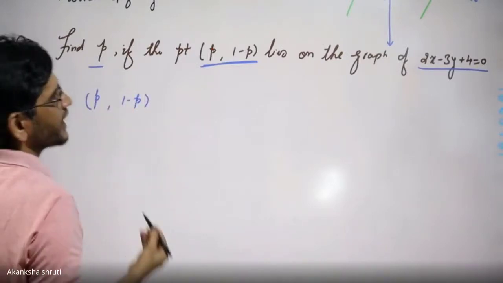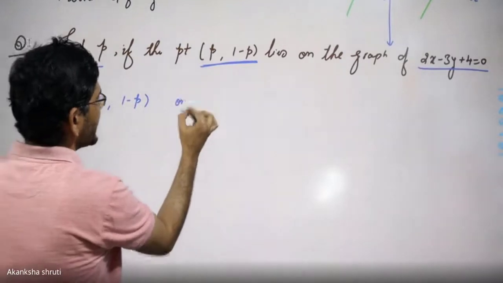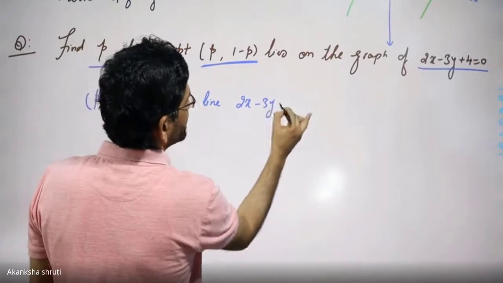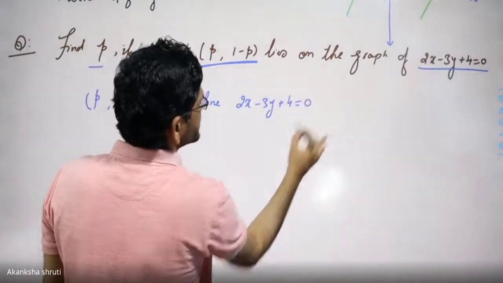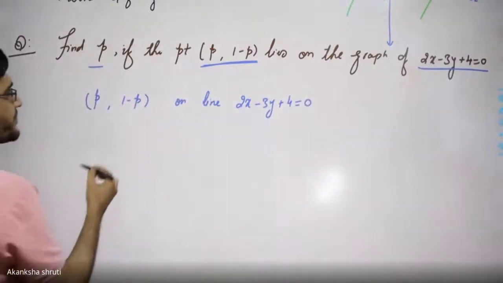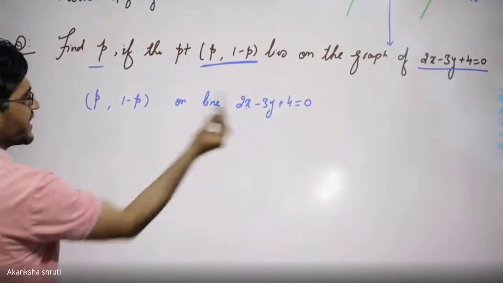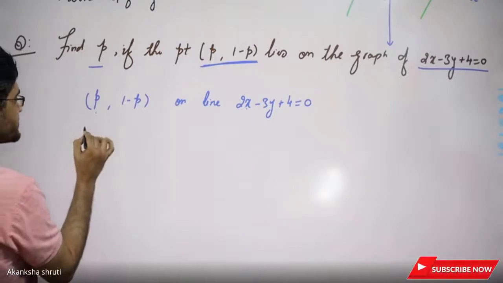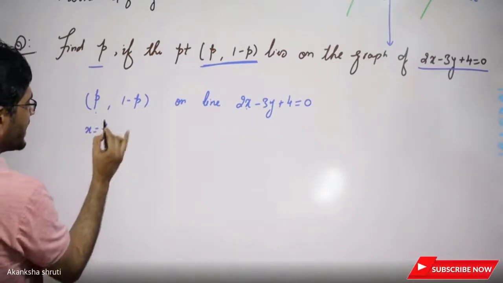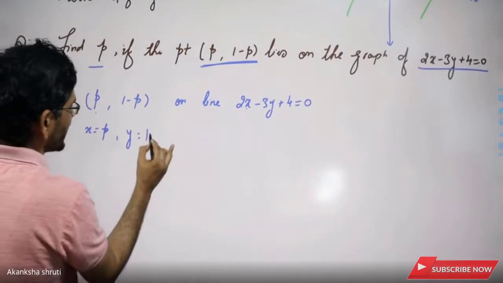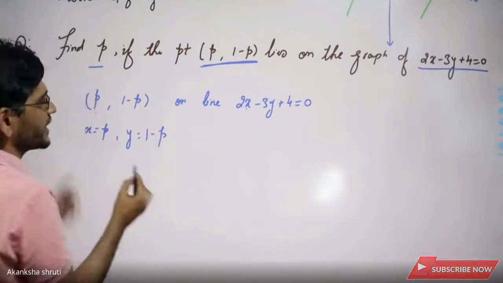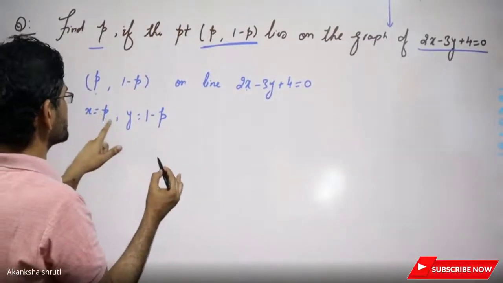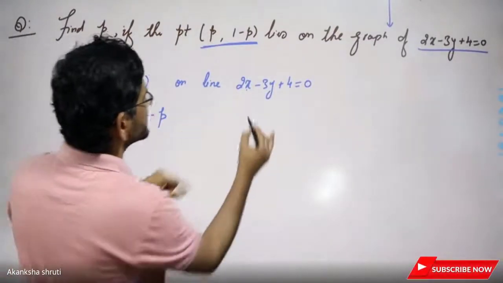This lies on the line represented by 2x minus 3y plus 4 equals 0. It simply means whatever the x is there, x corresponds to this point p. So we have to substitute x equals p and y equals 1 minus p in this equation.